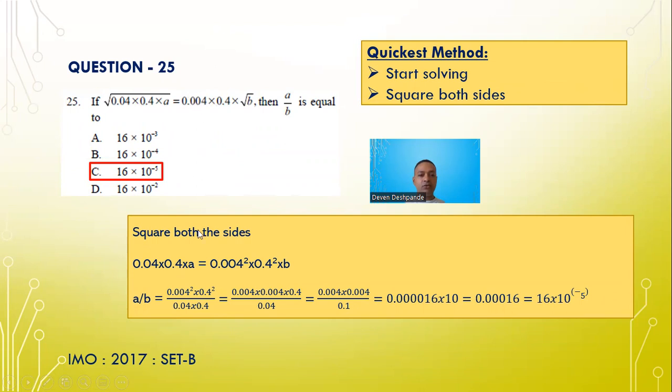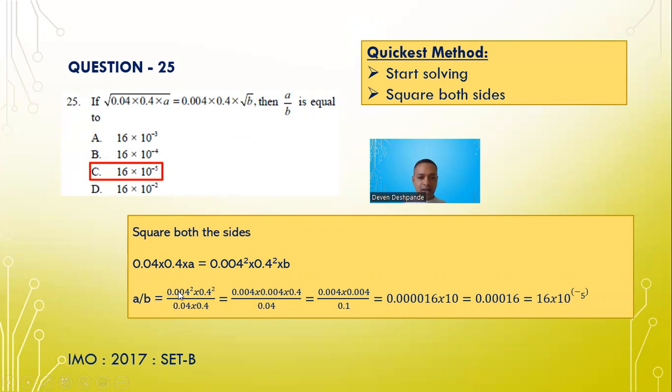So 0.004 square into 0.4 square, and square root of B whole square will be B, isn't it? So 0.04 into 0.4 into A is 0.004 square into 0.4 square into B. So A upon B will be, when you take B here, it will be division. And when you take this here, it will be division. So A upon B is 0.004 square into 0.4 square divided by 0.04 into 0.4.